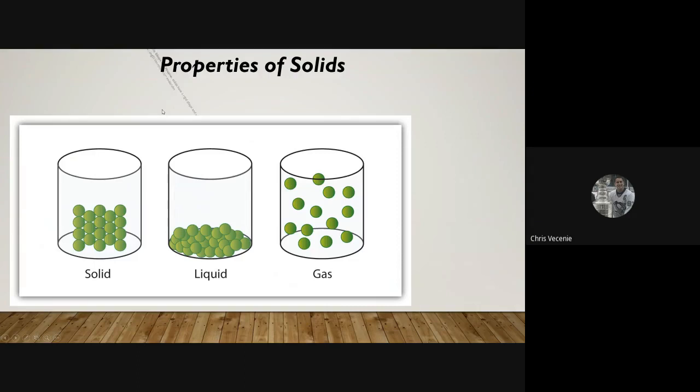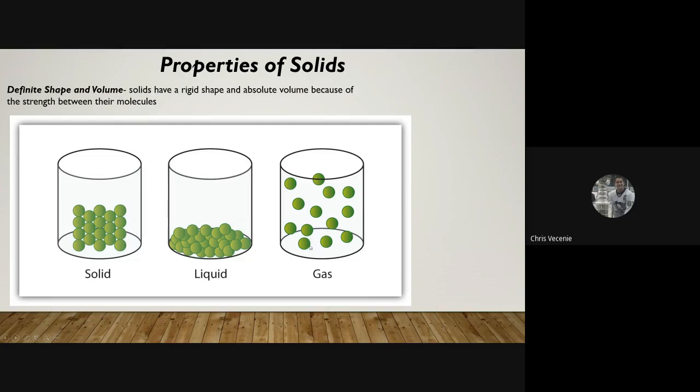For instance, they have shape and they have volume. What might be different is what is measurable about them in their current form. We've done this for all three of our phases so far. We said that gases have irregular shape and irregular volume.